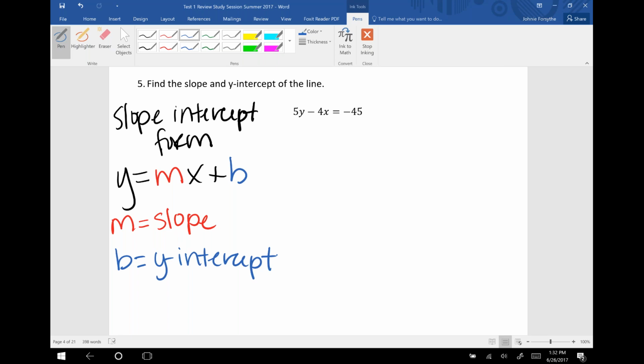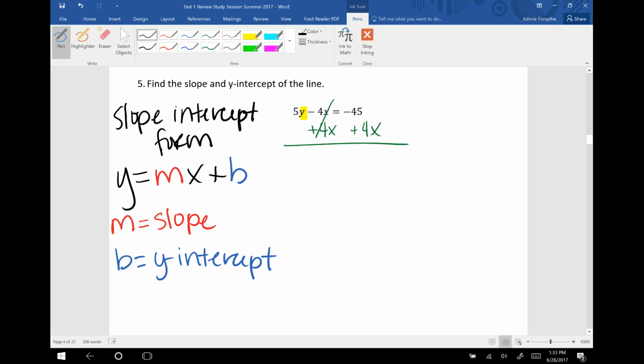So looking at this equation here, I want to eventually get y by itself. To start that process, I'm going to begin by moving this -4x. So I'm going to add 4x to make that go away. But if I add 4x on the left, I have to add 4x on the right. So that cancels out.